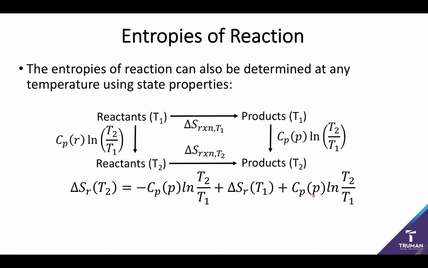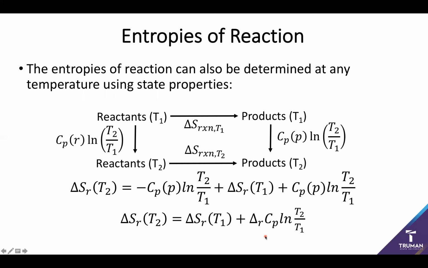Well, it turns out that what I can do is take the difference of, since both of these functions include the natural logs of my temperature difference, I can essentially add together the heat capacity of my products minus the heat capacity of my reactants to get me my good old friend, the change in heat capacities for reaction.